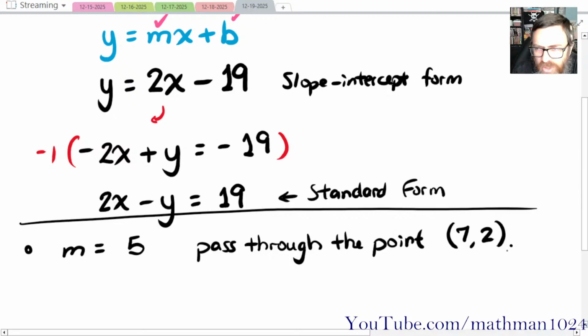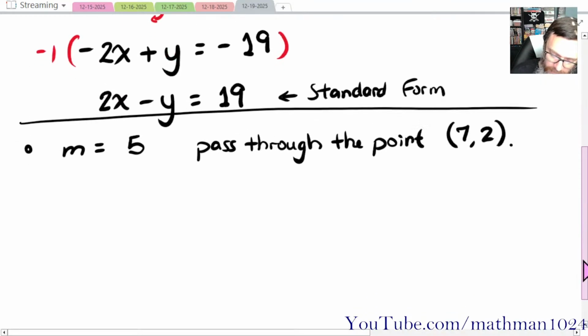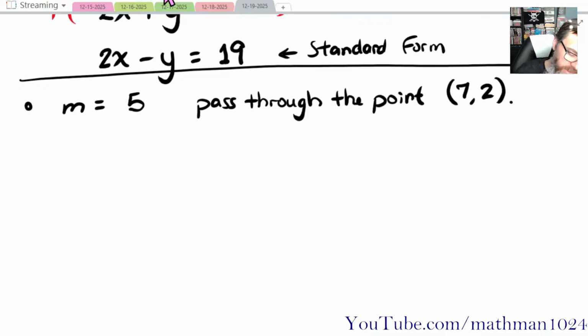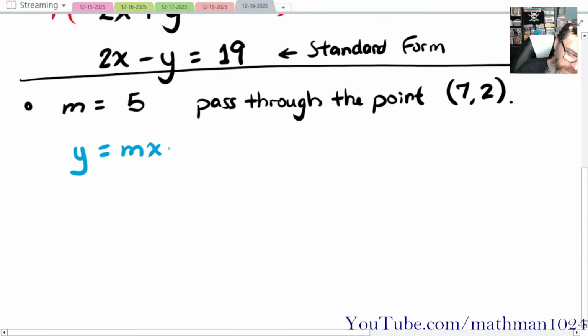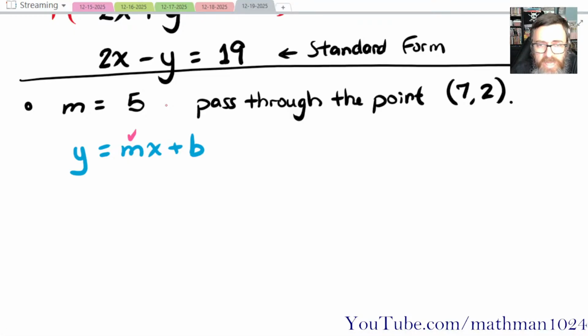Let's see if we can write an equation for a line that has that slope and passes through that particular point. All right. So if I go back to my slope-intercept form, y equals mx plus b. Right away, I've got my slope. Perfect. But what I don't have is the value for b.